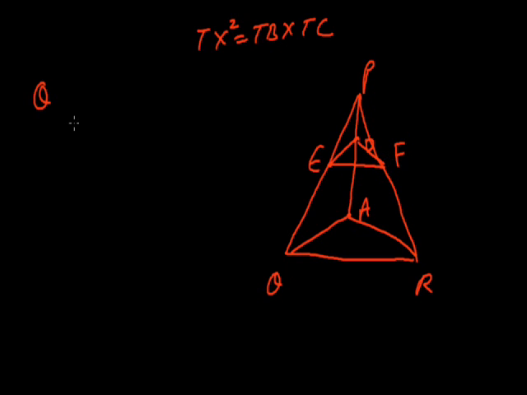Now in this question, it is given that the line DE is parallel to AQ and DF is parallel to AR. This figure is given to you.